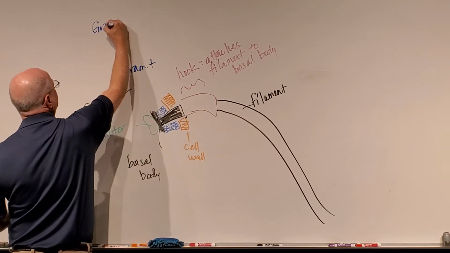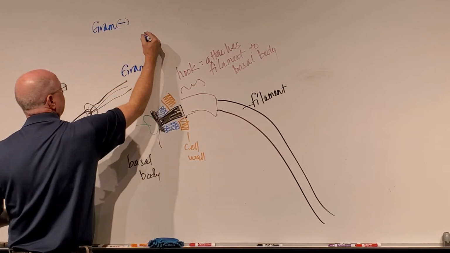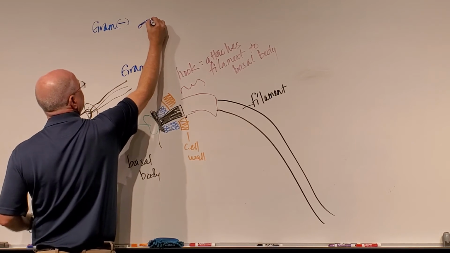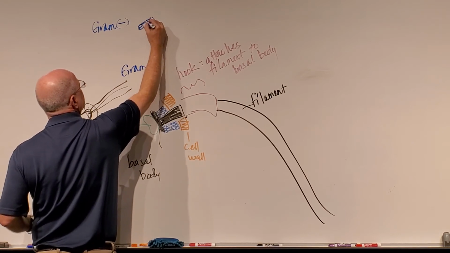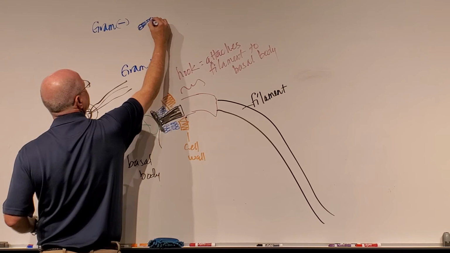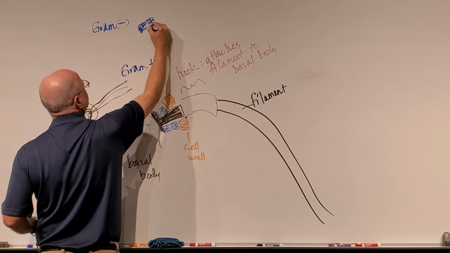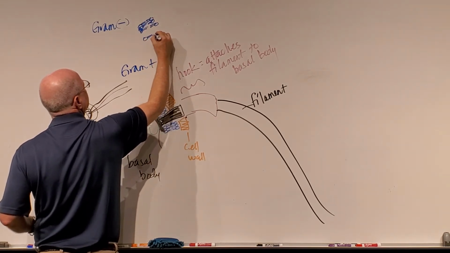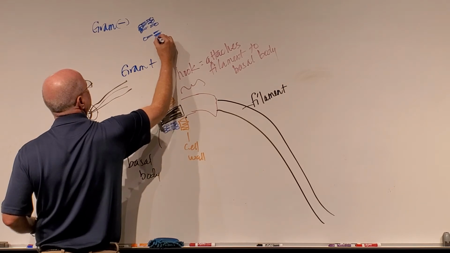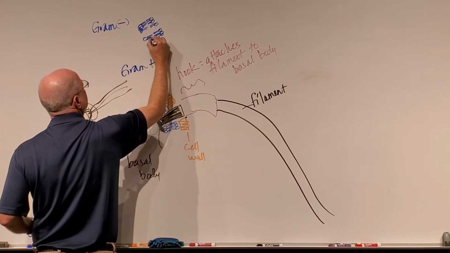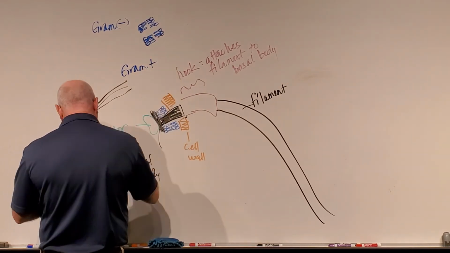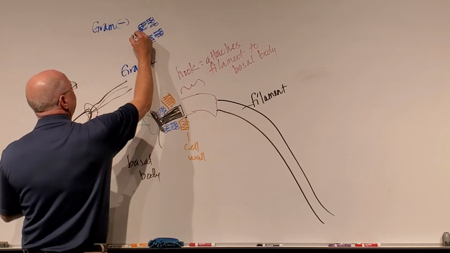In a gram-negative bacterium, we have these two lipid bilayers, and I'm not going to draw all the lipids. I guess I will. And we'll have a motor protein in here.